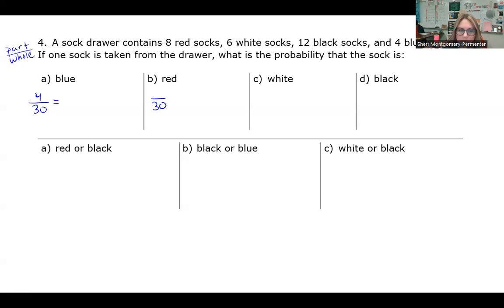What does that reduce to? Very good. 2 out of 15. What is that as a decimal? Which would be 13%.